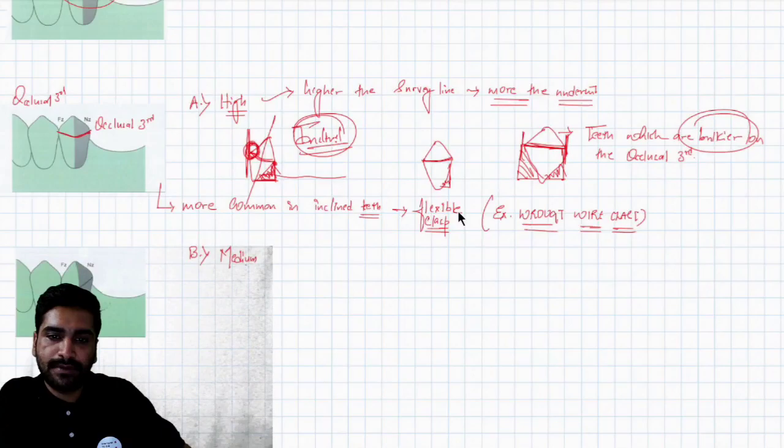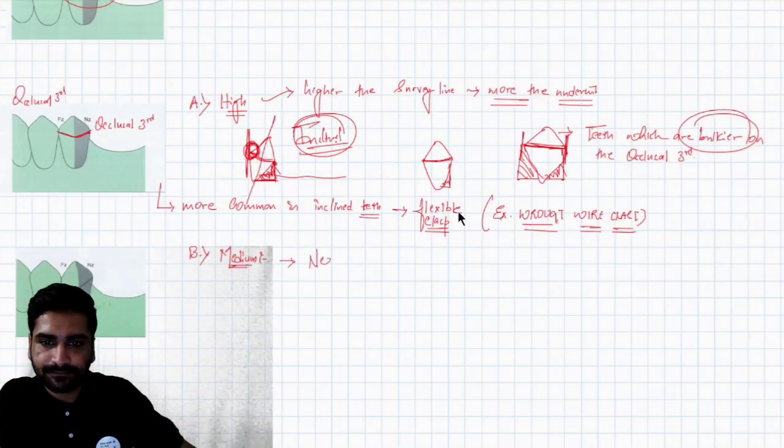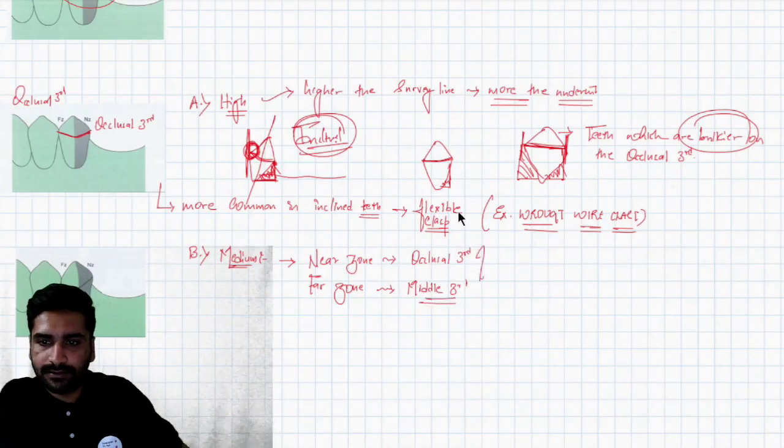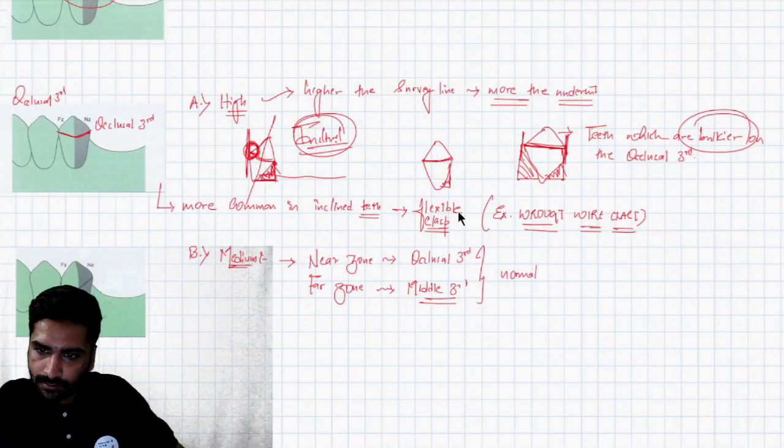So now the second type of survey line we have is a medium survey line. Okay, so medium survey line, in the near zone, it will be in the occlusal third, but in the far zone it is going to be in the middle third. This is what you will see in normal cases, right?